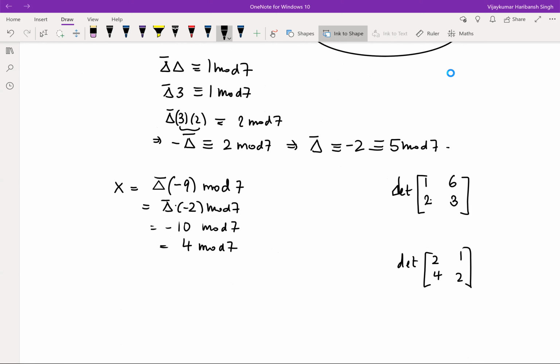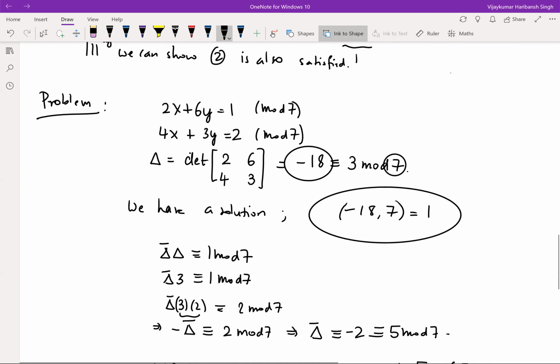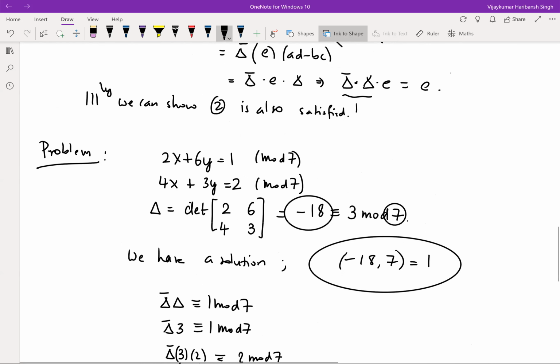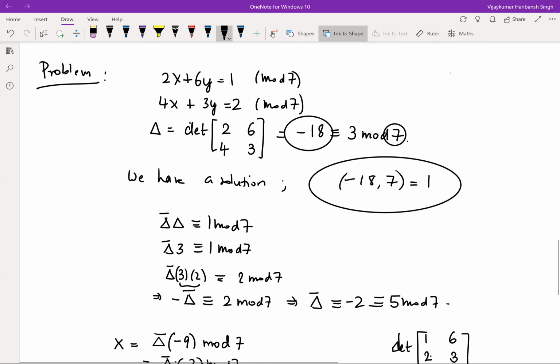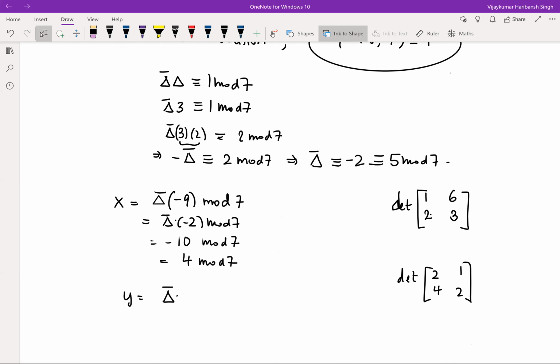In this case, we have Y equals to delta bar times the determinant of 2, 4, and then on the constant side we have 1, 2. The determinant is 0. So this will become 0 mod 7. So therefore y equals to 0. So these are the solutions.